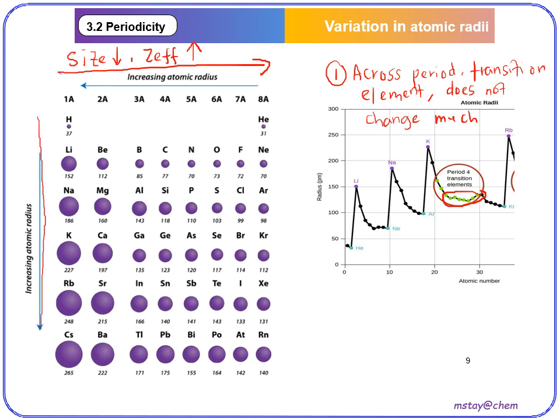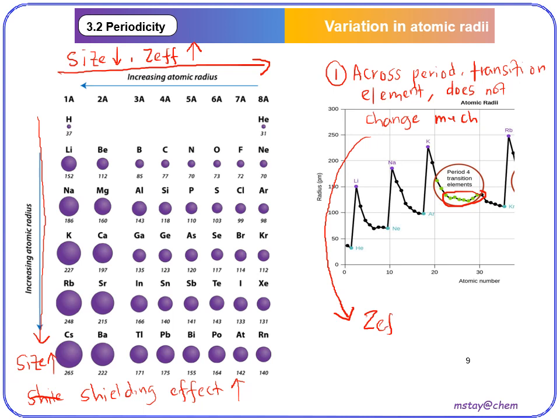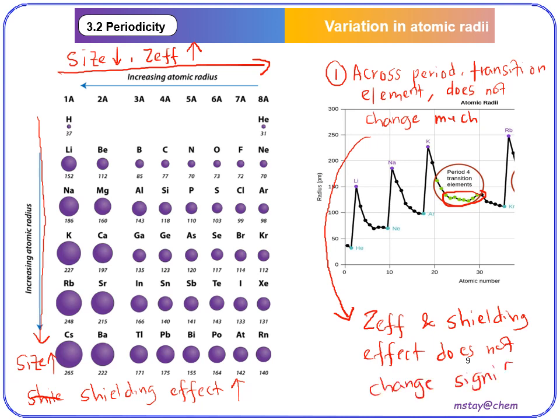While going down the group, the size is getting bigger due to the shielding effect increasing. So why the transition elements do not change much is because both the effective nuclear charge and the shielding effect do not change significantly. We can also use the term significantly.